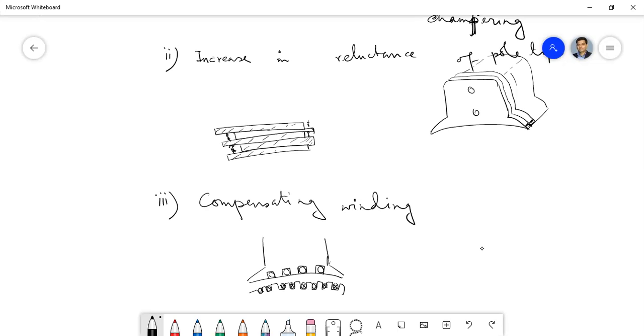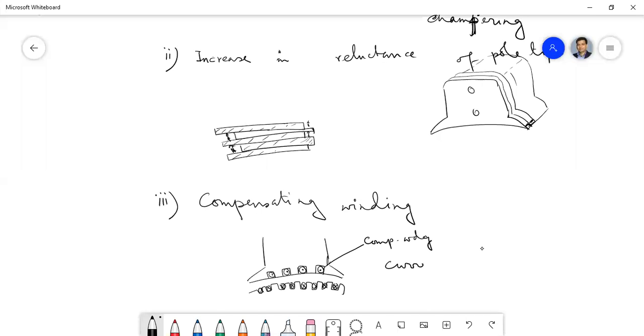Then you have to flow some dot current in the compensating winding. So this is basically the compensating winding, which is placed on the pole shoe, and the current in the compensating winding will be proportional to the armature current.